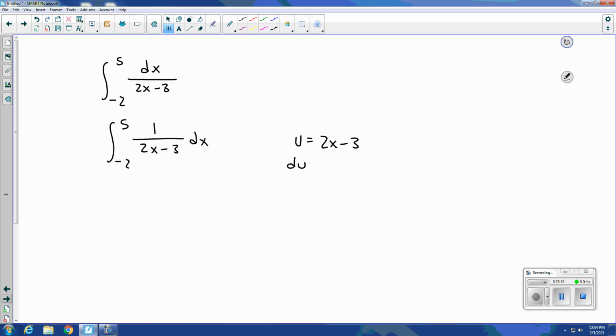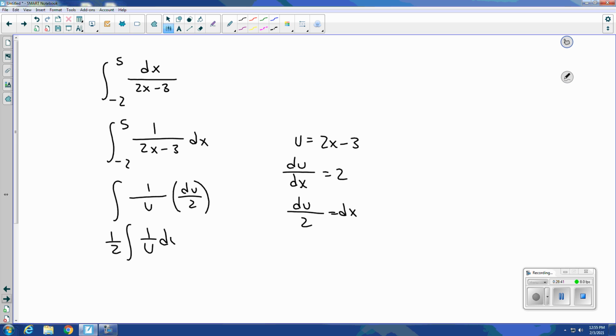And if we differentiate, so here, there's no x's that cancel, but through the u substitution, they went away anyway. So we're going to have 1/2 on the outside, 1 over u du.